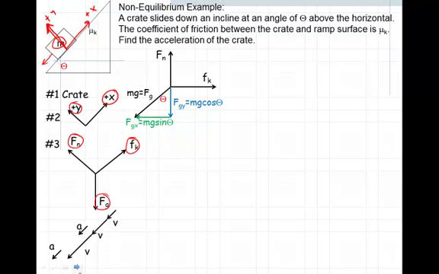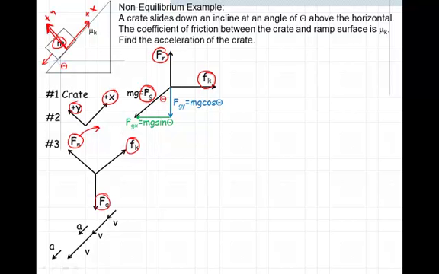Part of step 3 is to also include our component diagram and to rotate if necessary. In this case, we do rotate. We rotate so that the normal force points straight upward. So we've taken this normal force and made it so that it is pointing upward. Now the frictional force points to the right, and our force due to gravity points down and to the left.